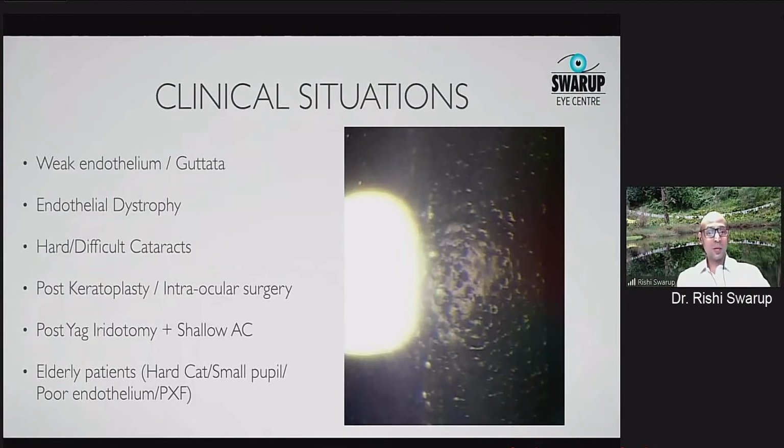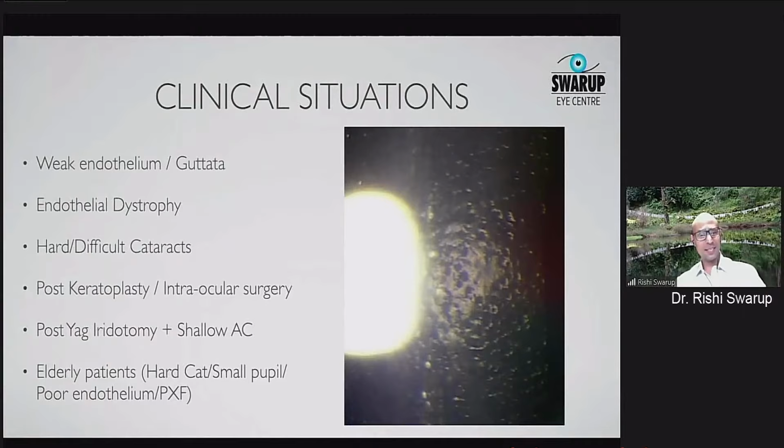The other situations where we do anticipate a compromised endothelium are post-keratoplasty, any patient who's had any sort of an intraocular surgery, even patients with angle closure glaucoma who are post-LPI. We know that these corneas can sometimes decompensate. So these are the ones we have to watch out for and specifically respect endothelium in these cases.